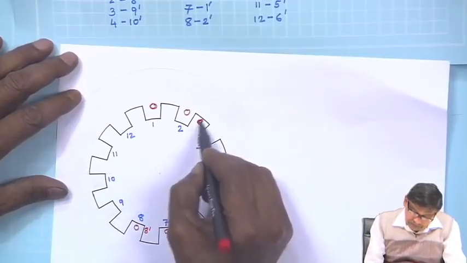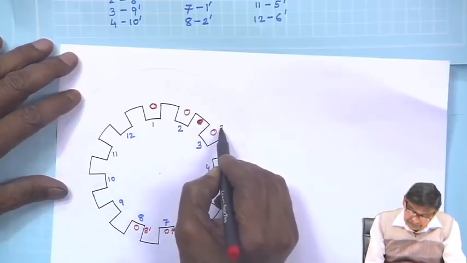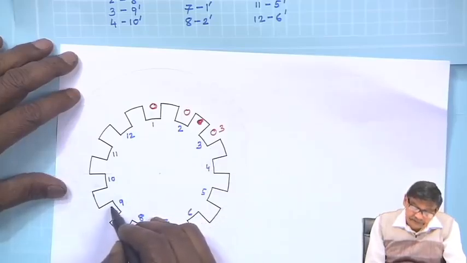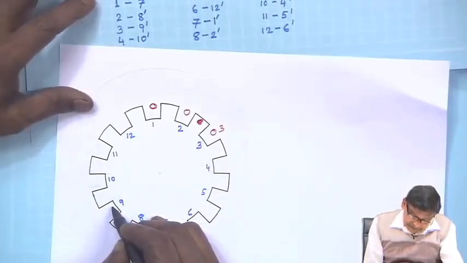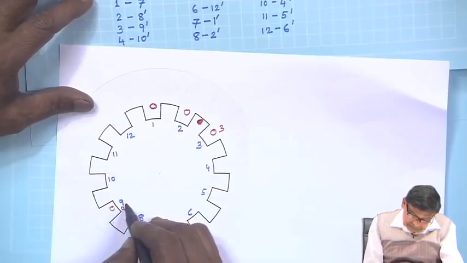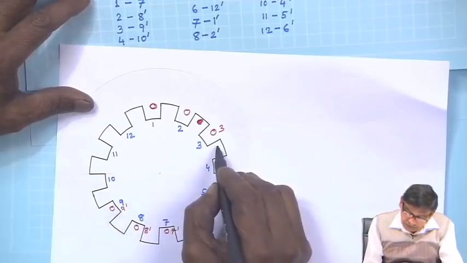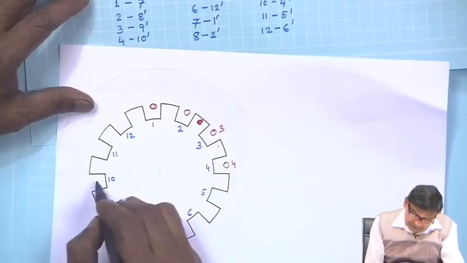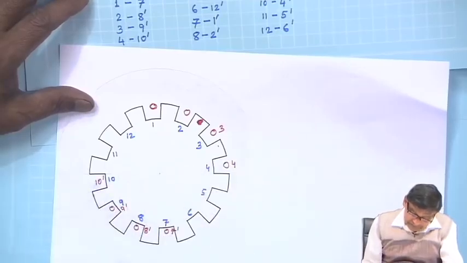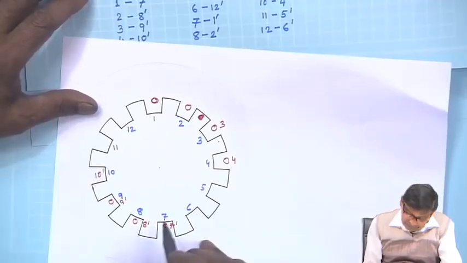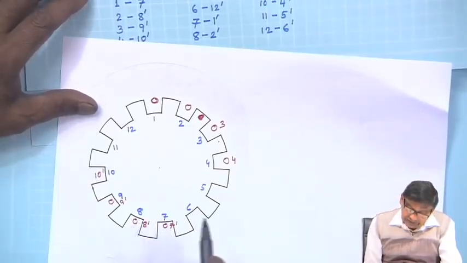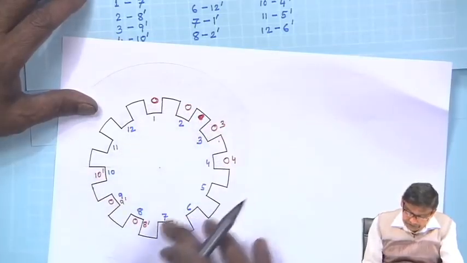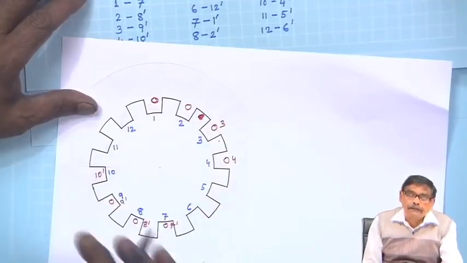Oh, sorry, 3 9 dashed, and 4 10 dashed. So, this is 8 dashed, and you see all the 4 coils for R phase have been done.